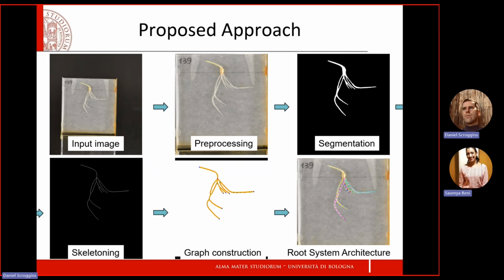The next step is the representation of the root system through a skeleton graph, which highlights the main points, such as tips, seed, and some intermediate points. And the final step consists of root system extraction, where each root is represented by a spline to count the roots, measure length, and extract other measurements.